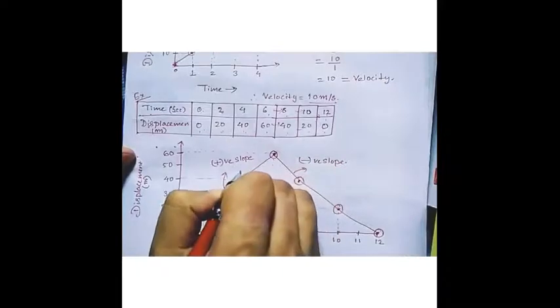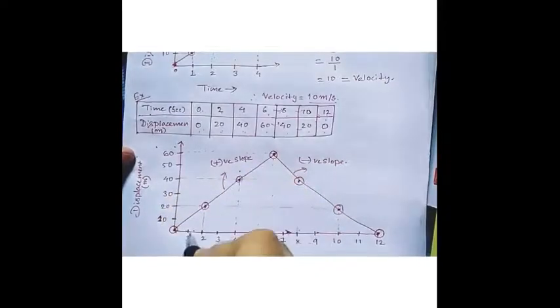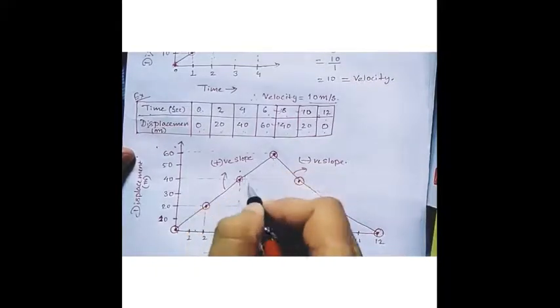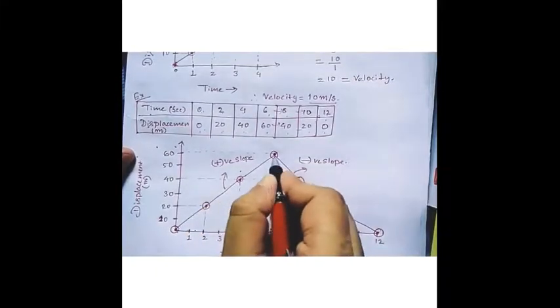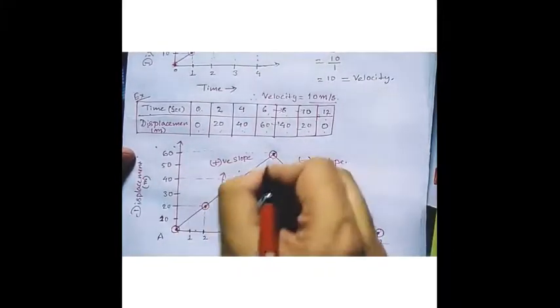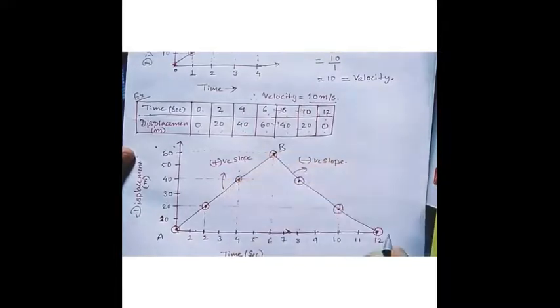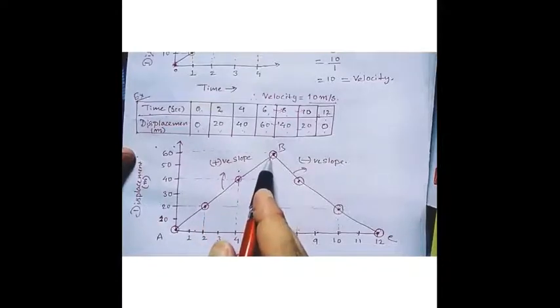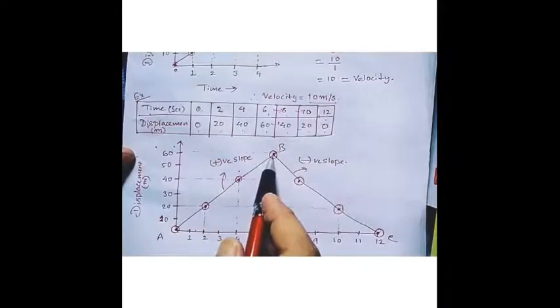So from here I will take 2 points. This is 1 point and this is the other point. This is A and this is B point.